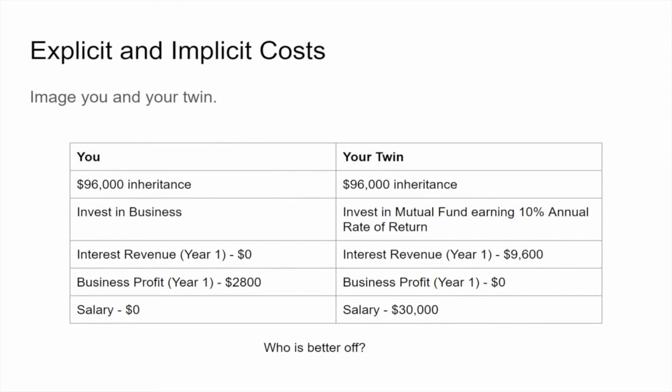You did not make any money. Your twin did. In addition to that, your twin took the $96,000 inheritance that she or he got and generated interest revenue of $9,600 from it. You, nothing. So the question is, who's better off?